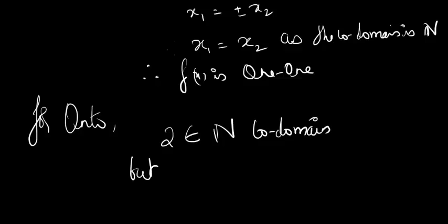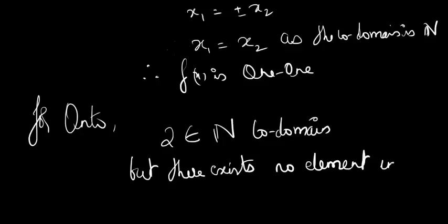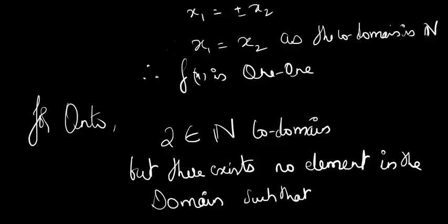But there exists no element, let's say a, in the domain such that a square is equal to 2.